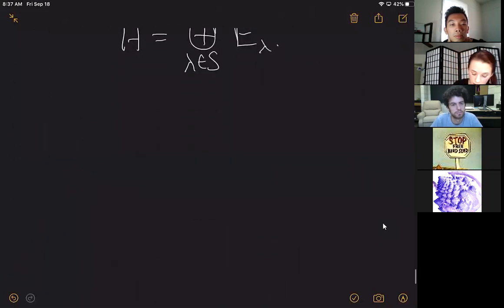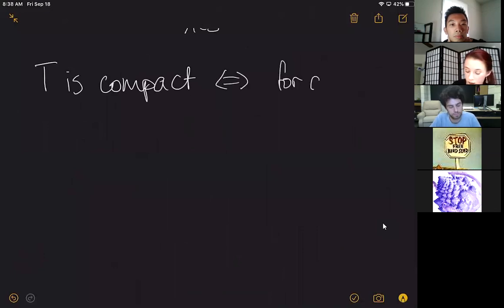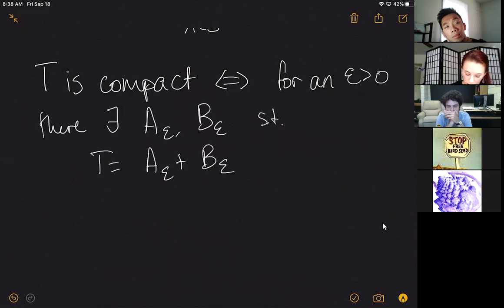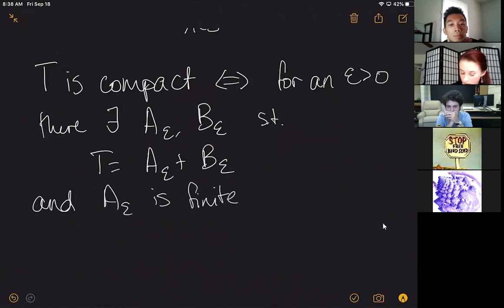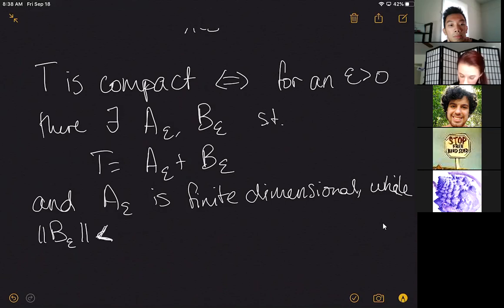And this is that T is compact if and only if for any epsilon bigger than 0, there exist A sub epsilon, B sub epsilon, such that you can write T as the sum of A sub epsilon and B sub epsilon, and A sub epsilon is finite dimensional, while the norm of B sub epsilon is less than epsilon.